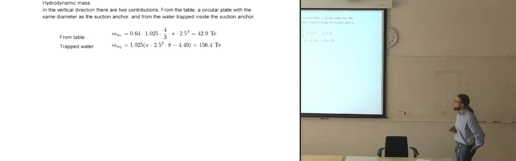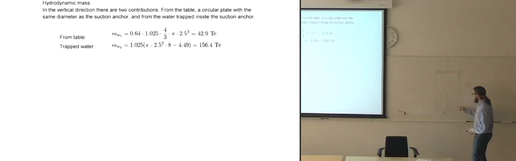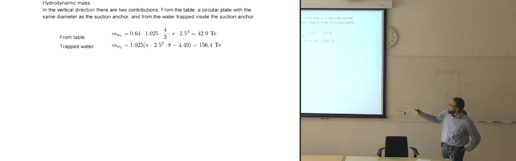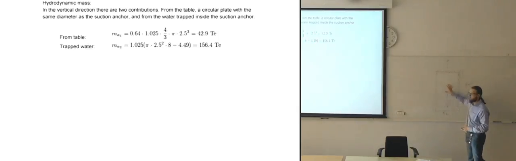So when we start looking at the trapped water, we can set up this calculation for it. We basically do the calculation for a water volume equal to the entire outside of the suction anchor. But since we know the volume of steel itself, we can just subtract that one, and we will get the volume we have in here.